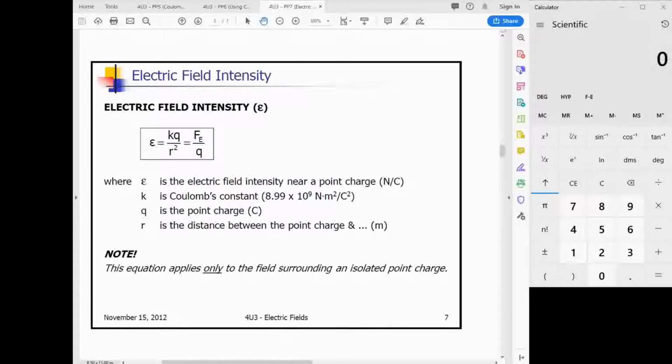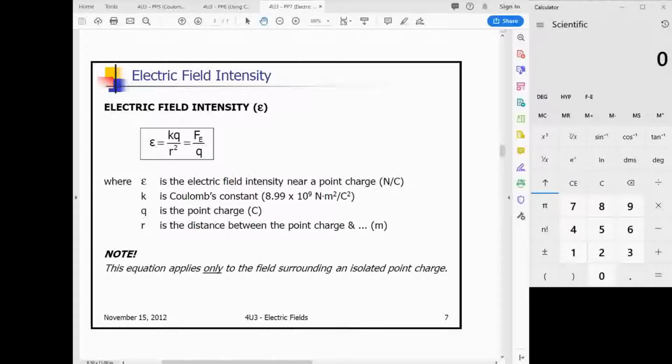Another thing to note is if we rearrange this equation, we get FE equals Q epsilon. So that is similar to F equals MA. Basically, this is how I consider it to help me understand, and I think it helps students as well.